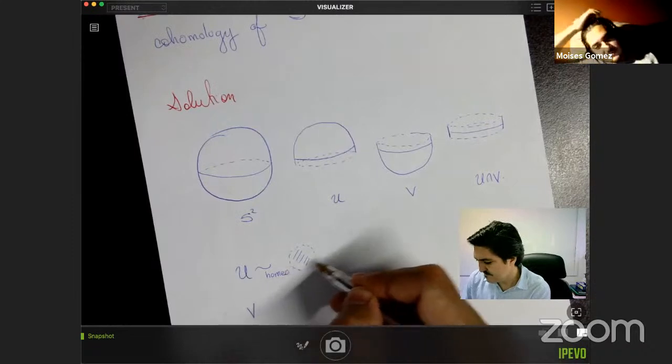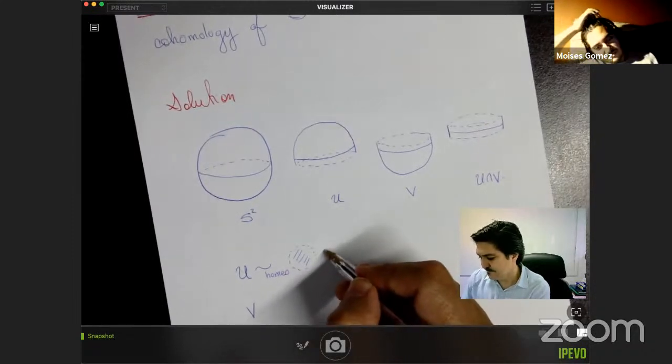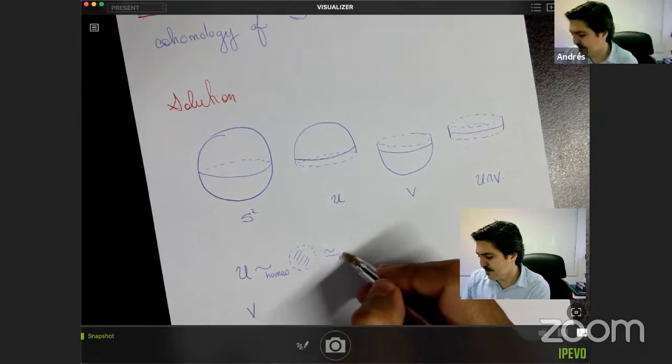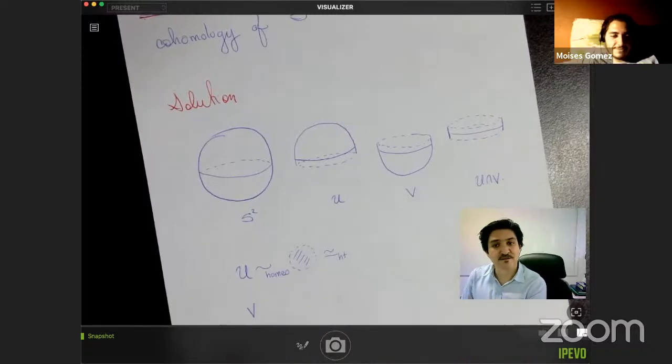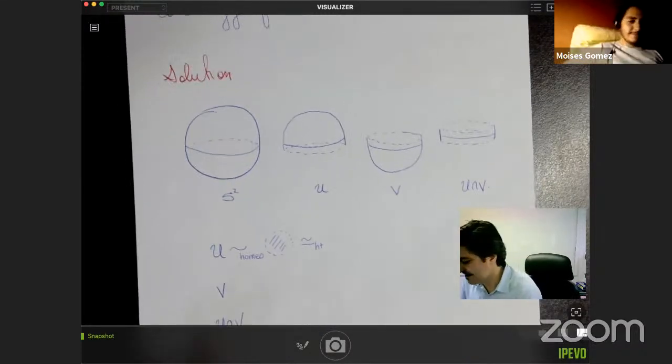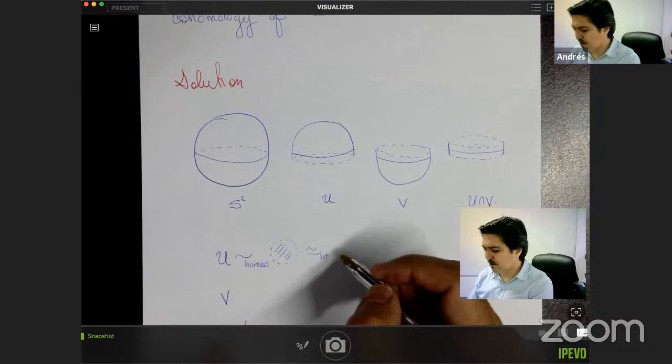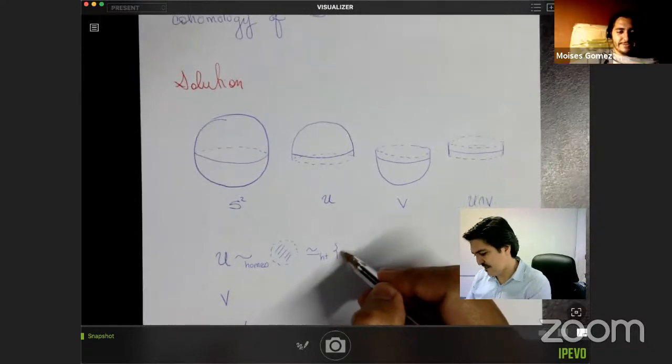And that has the same cohomology as R2. Something simpler. It is true what you said. It has the homotopy type of R2, but also of a point.